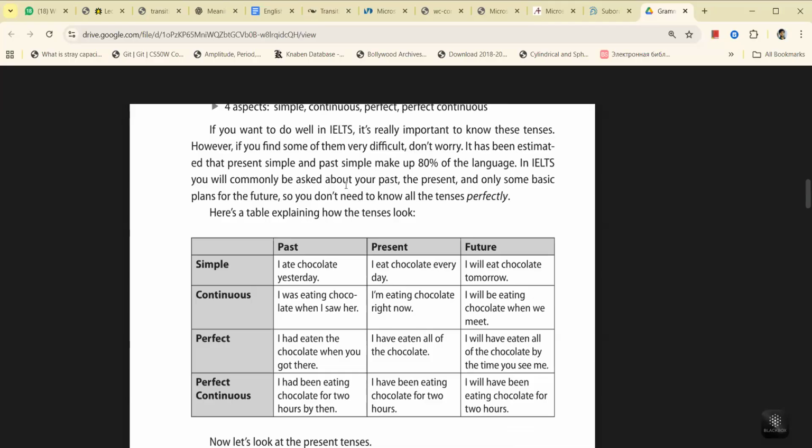So even if you don't know all the parts of speech or tenses in English, but you know the present tense and past tense very well, you are good to go, because 80% of your language in English is in the present and past.